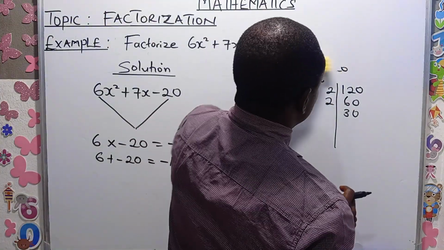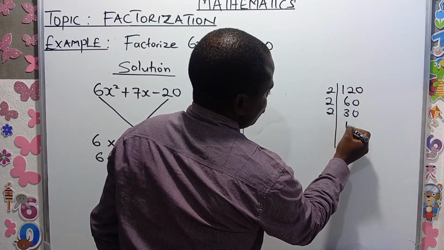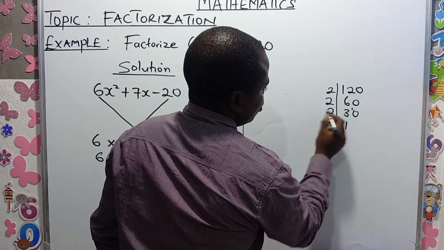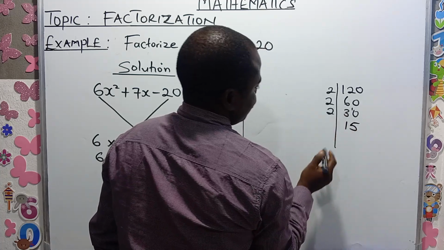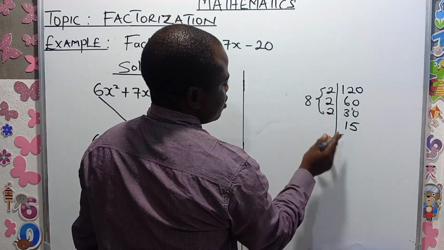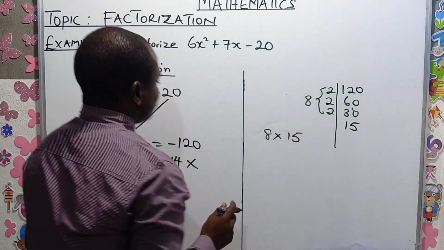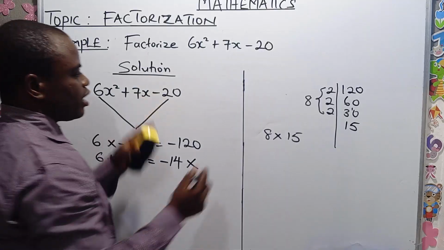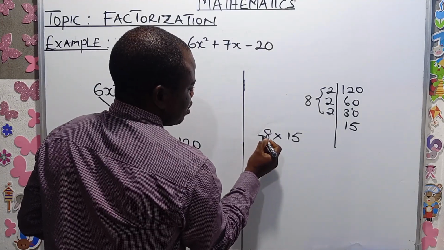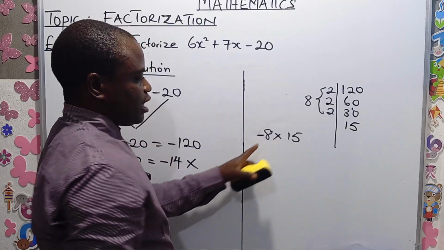You now continue your division. Now 2 goes in 3, 1. I mean the 1. 2 goes in 10, 5. Now let's try this. This is how you'll be trying it. 8 multiplied by 15. Since you have a positive sign as the coefficient of x, you let the lowest number have the negative sign.